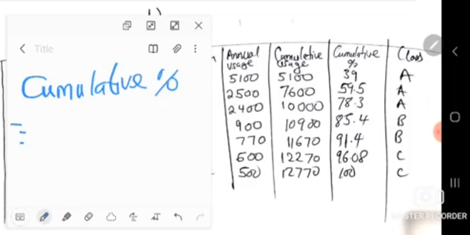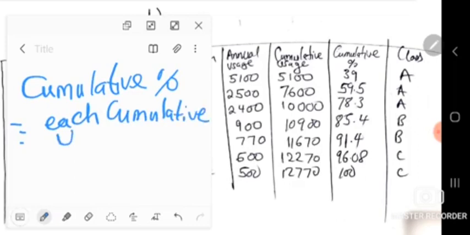How do you get it? You're dividing each cumulative usage, repeat, each cumulative usage. This is just a made-easy formula to simplify what this means. Each cumulative usage, the 5,1 separately, the 7,6 separately, the 10,000 separately. Those figures in the cumulative usage column.